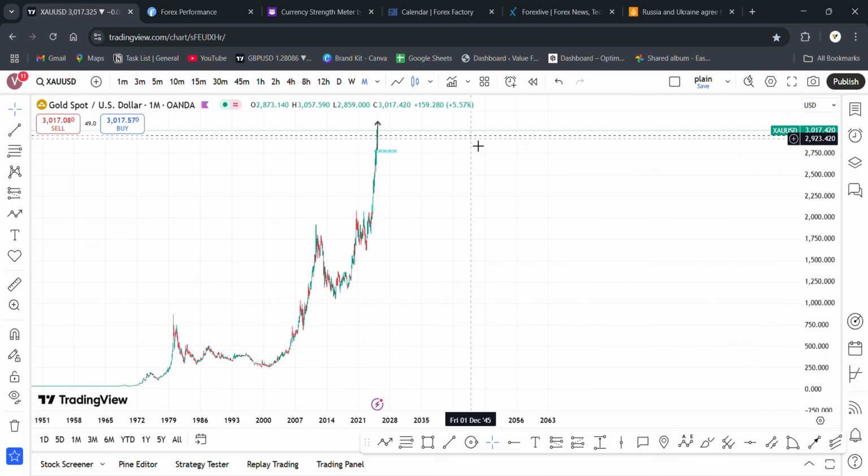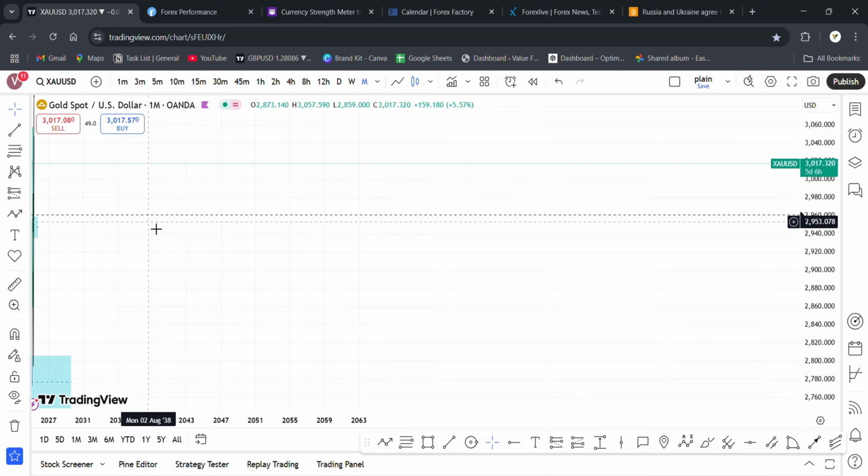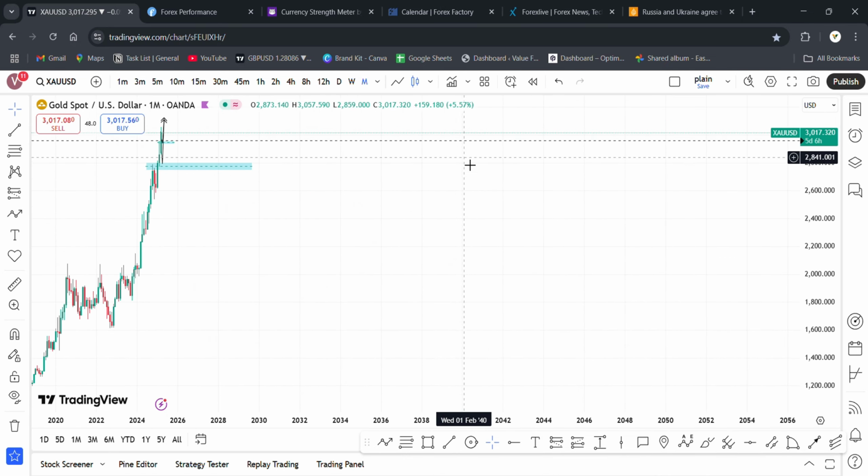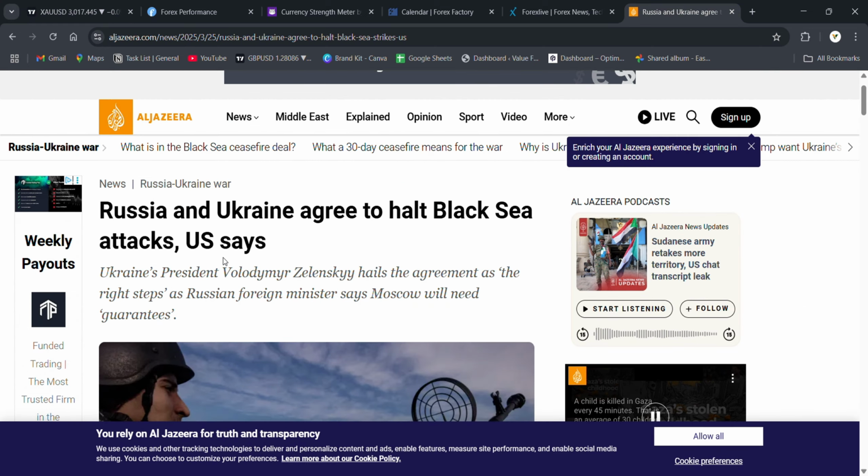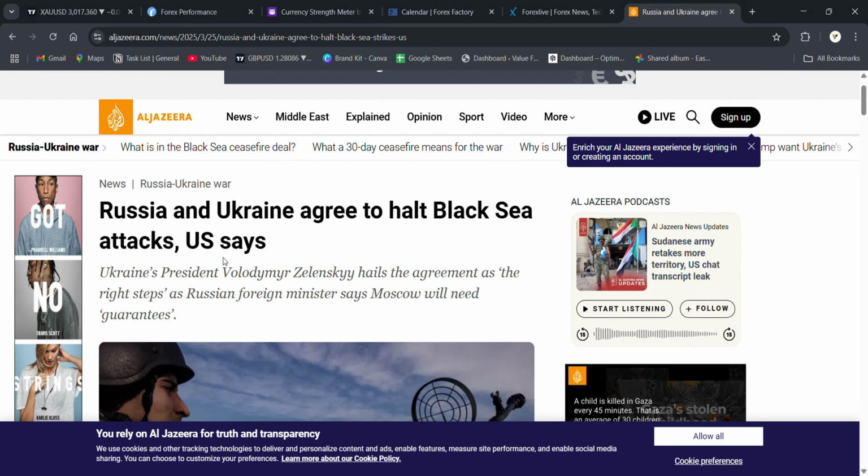However, early on, I was scrolling through platforms when I came across a headline stating that Russia and Ukraine are agreeing to halt Black Sea attacks. It means that they are calling a ceasefire. Now, what does this mean for traders? Remember that I stated gold is traditionally viewed as a safe haven asset that attracts investors during periods of geopolitical tension.